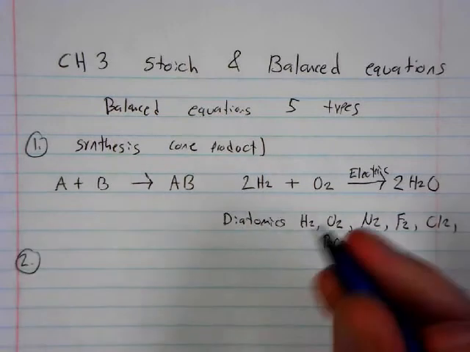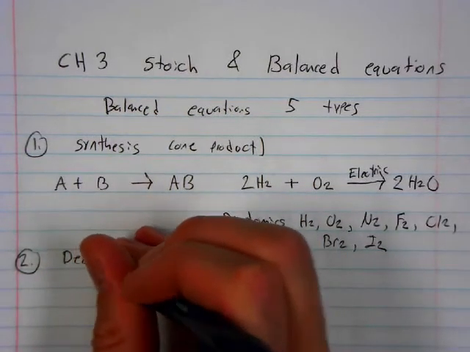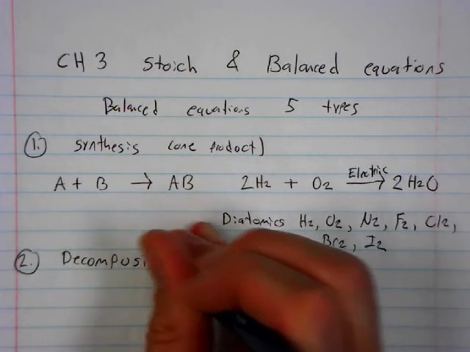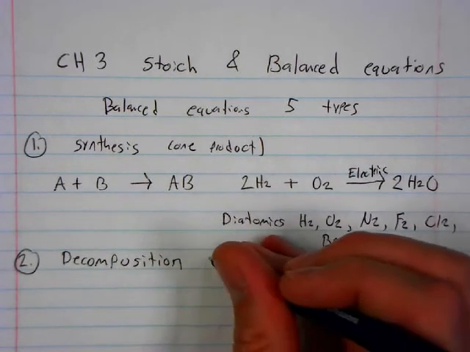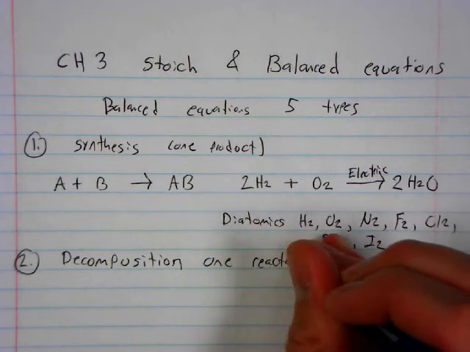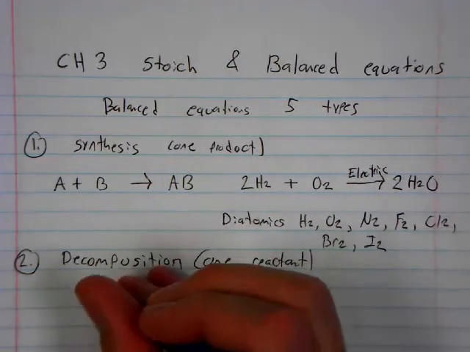The second type of the 5 types of reactions is decomposition. Decomposition is where you only have one reactant. So this is where one thing breaks into two.